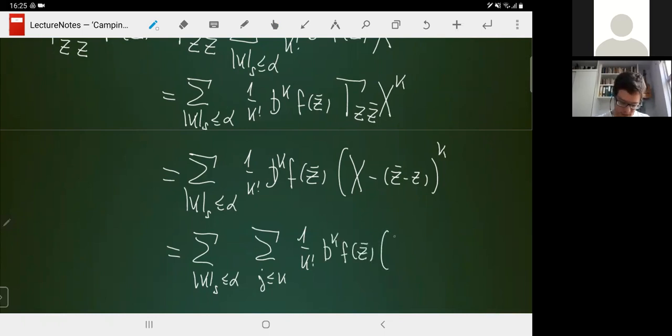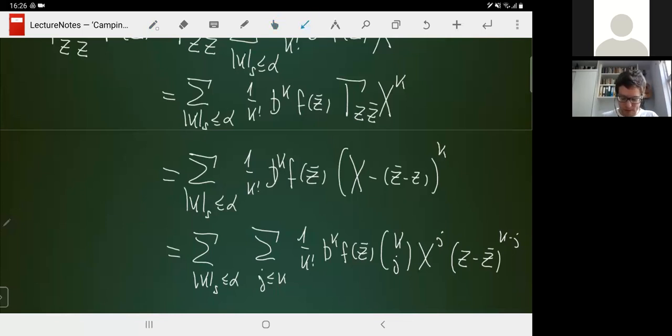And this will then be something like k choose j, x to the j, z minus z bar to the k minus j. Okay, I hope you could follow a little bit. Essentially, what I did is to apply the definition of gamma and then to expand this expression, which is hopefully correct.